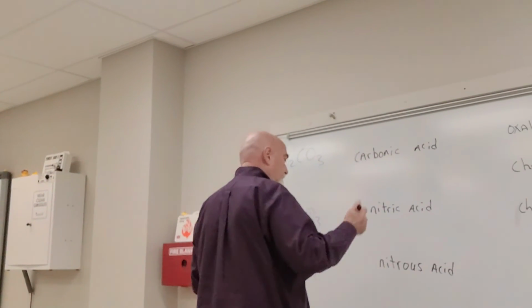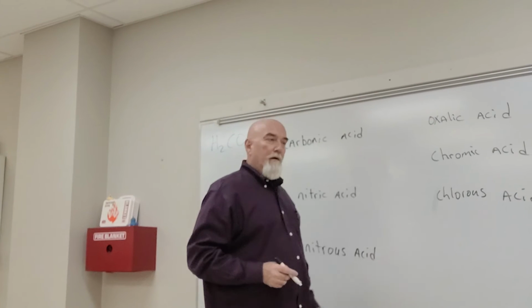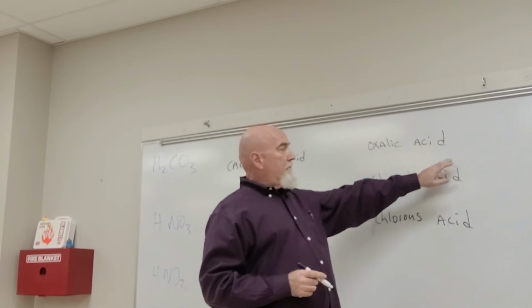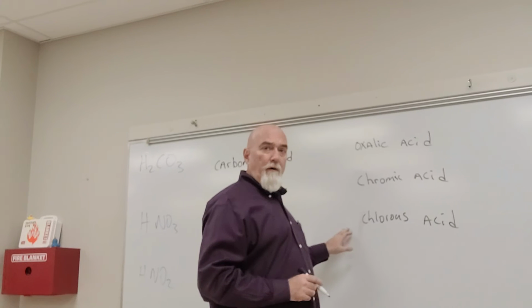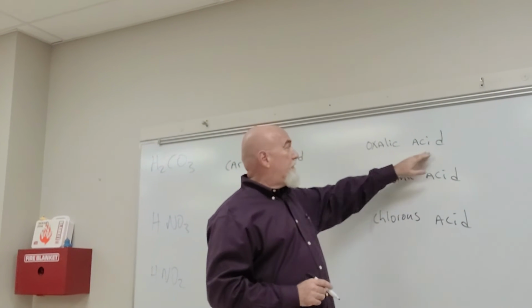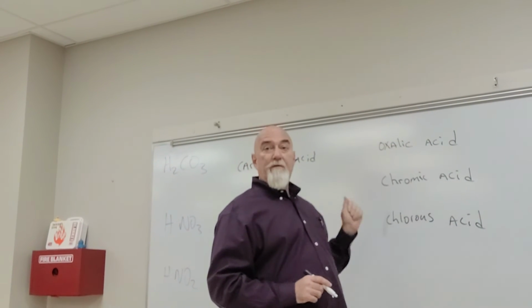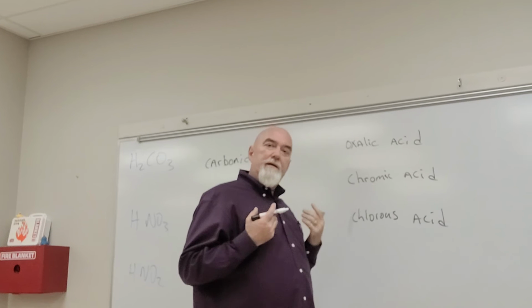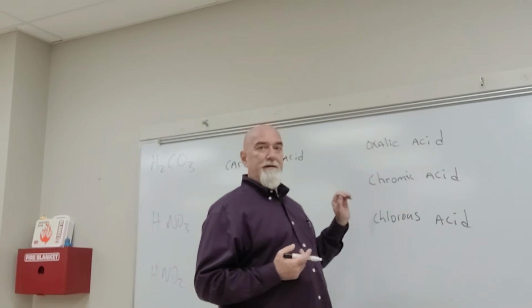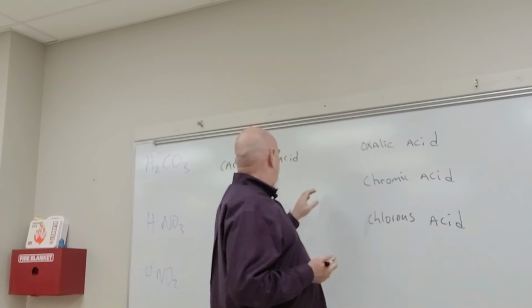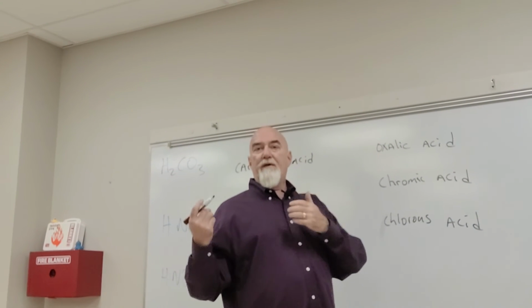That is it. If you're going the other way, it's not too hard. We see the name acid. We know it's an acid. It doesn't start with hydro, so if it doesn't start with hydro and it's an acid, these are going to come from ITE and ATE anions. So if it's oxalic acid, just remember that IC changes with ATE.